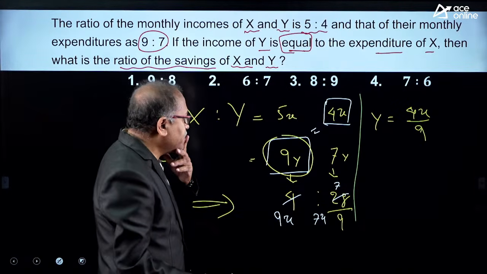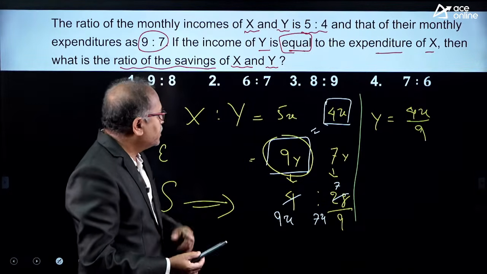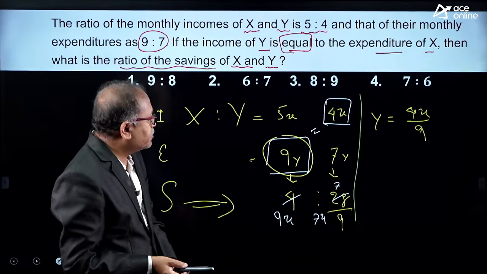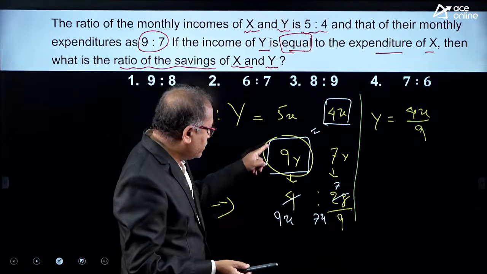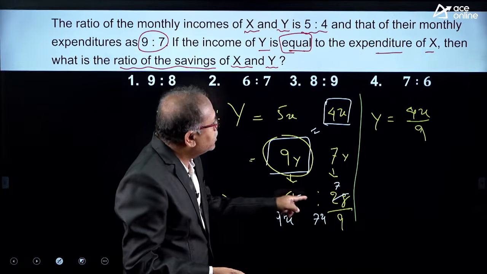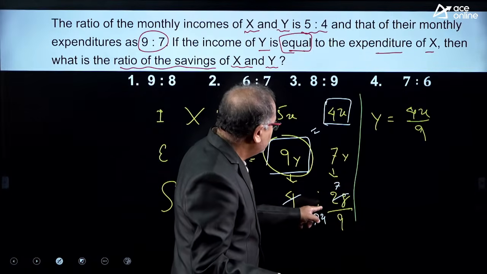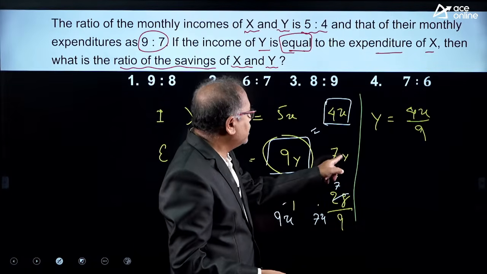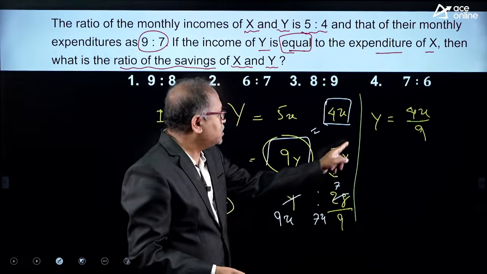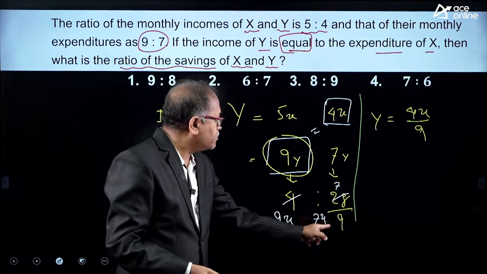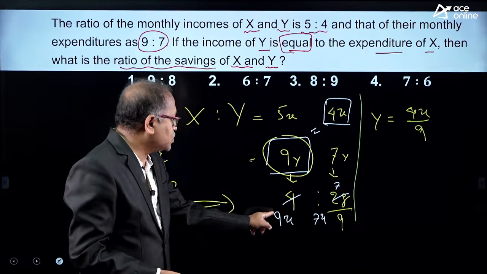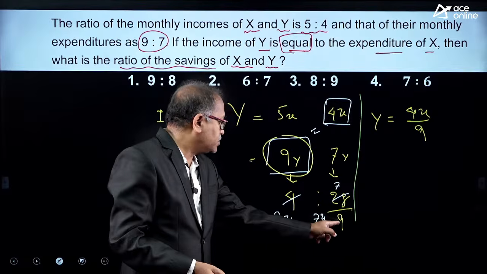Okay, now I understand where you got stuck here. Why did you get stuck over here? 28 by 9, am I right here? 7 times 4 is 28, 28 by 9, and here that's 4 and this is 7 times.